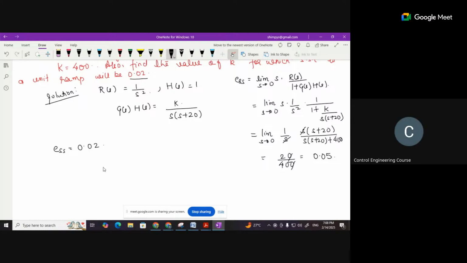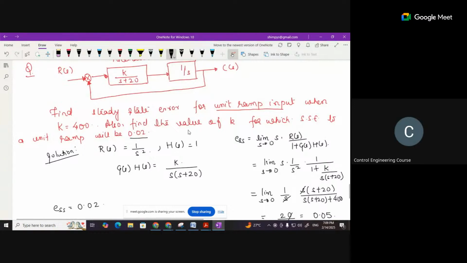Find KV and then solve, or use the other formula. I'm giving you a minute to solve this and tell me the answer. Could you repeat the question, ma'am? Yes, we have to find the value of K for which the steady state error to a unit ramp is 0.02.